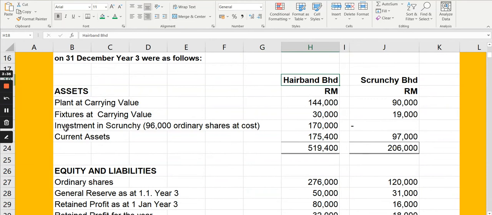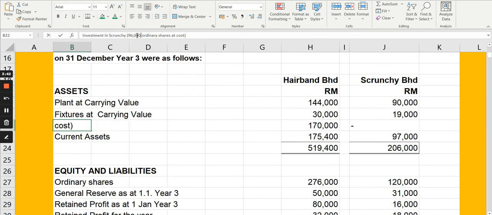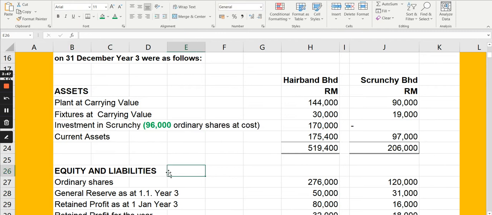Then you have only one investment here, investment in the ordinary shares of the subsidiary, where you invested in 96,000 of the shares.